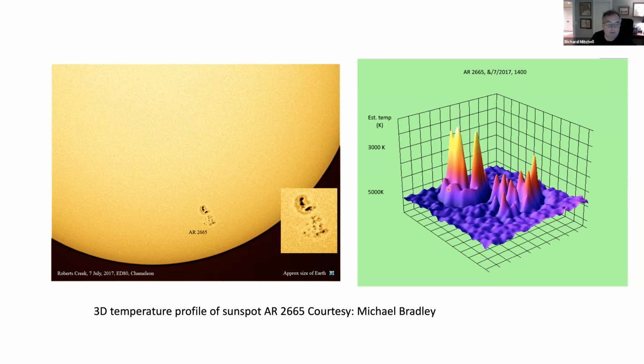If you look around the sunspots, you can see the higher temperature, 5,000 Kelvin, leading to the lower temperatures in the darker regions. There's a strong magnetic field. It gives you another novel representation of the sunspots.